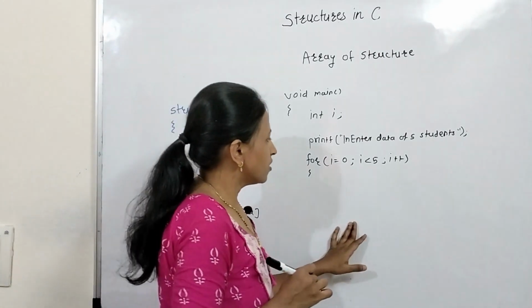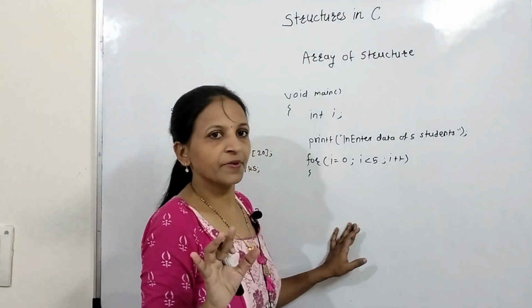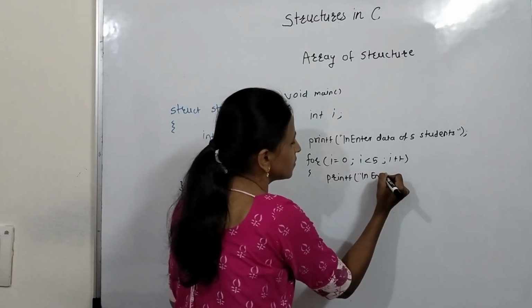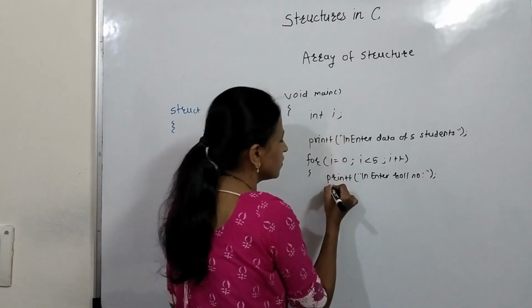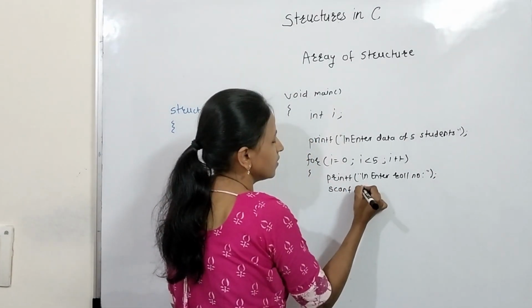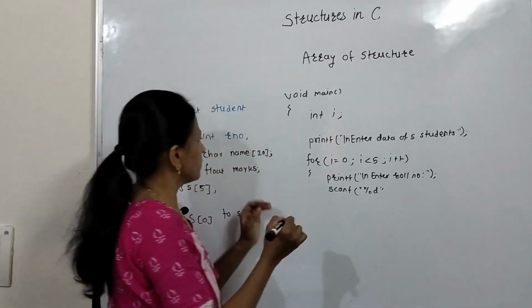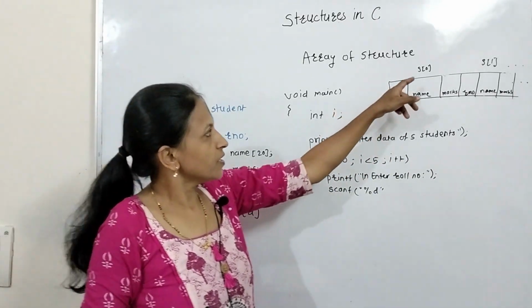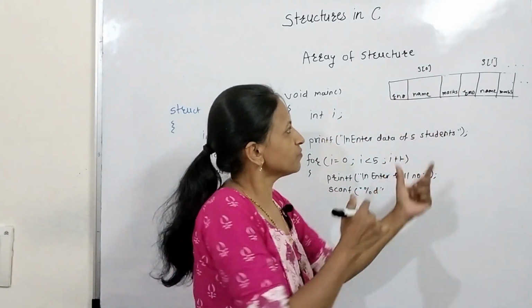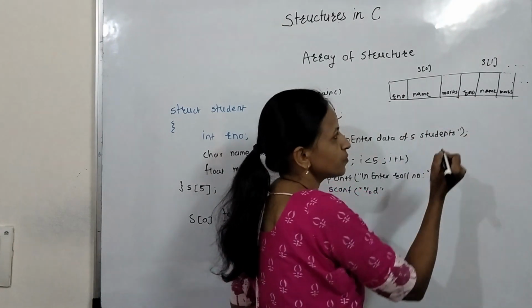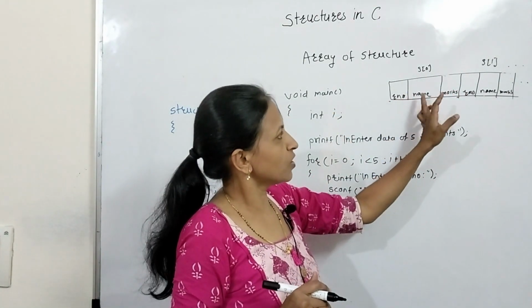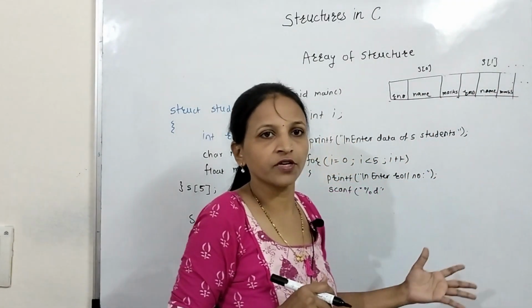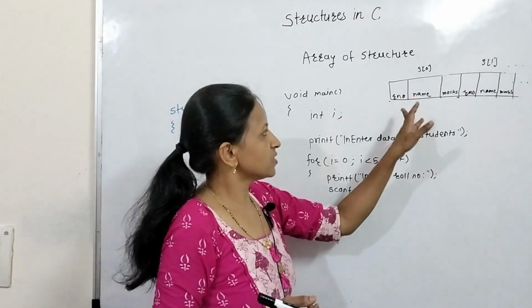For every individual member we will give a separate message, like printf enter roll number, then scanf with percent d, because roll number is of type integer. Now where to store that roll number? First we have to store the roll number at this place. This one is the first element of this array, from this point to this point, and internally S of 0 will have roll number, name and marks. Then the next S of 1 will again have roll number, name and marks, and so on up to S of 4. Enter roll number, this is for the first student.